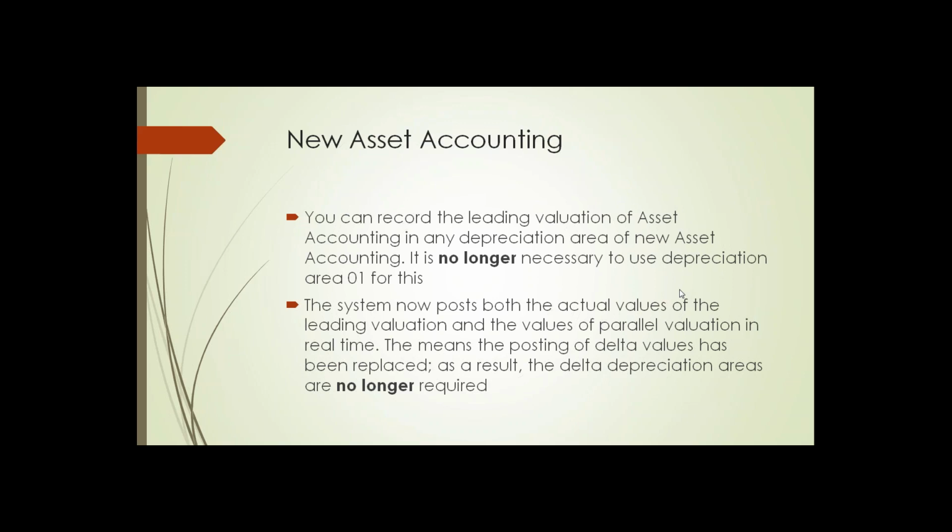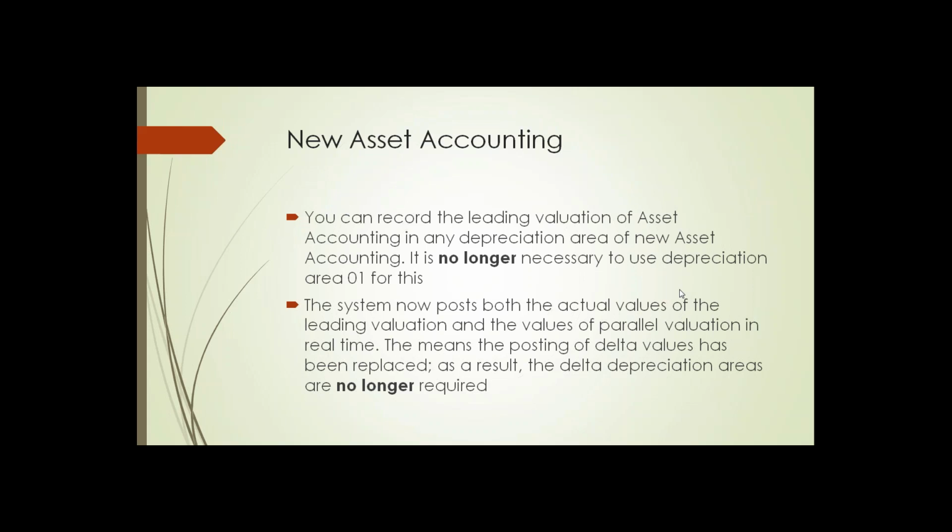The system now posts both the actual values of the leading valuation and the values of the parallel valuation in real time. Up till now, if you remember, when using parallel valuation or parallel depreciation areas, you posted only for 01 in real time, while for the remaining depreciation areas you post periodically or do not post at all.